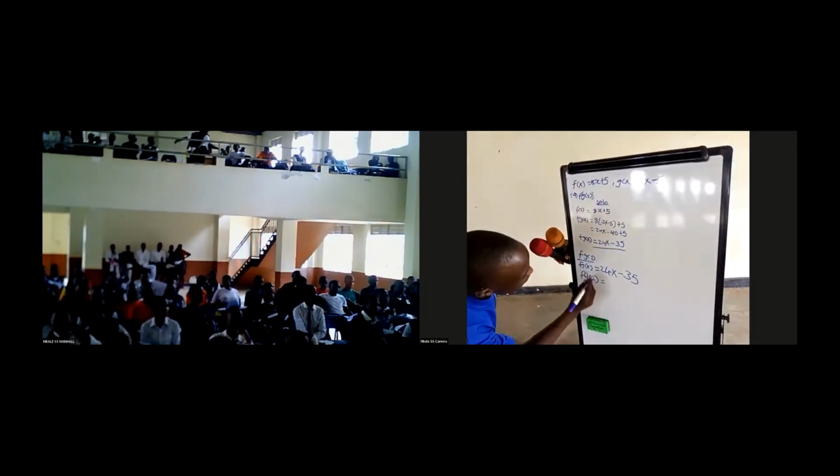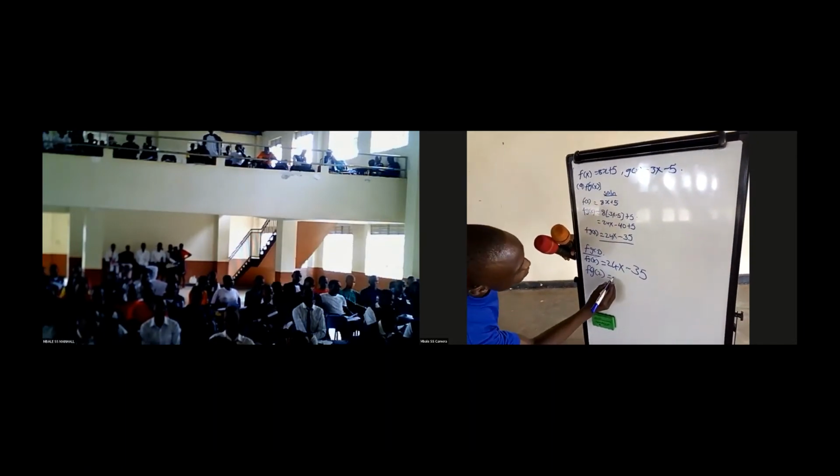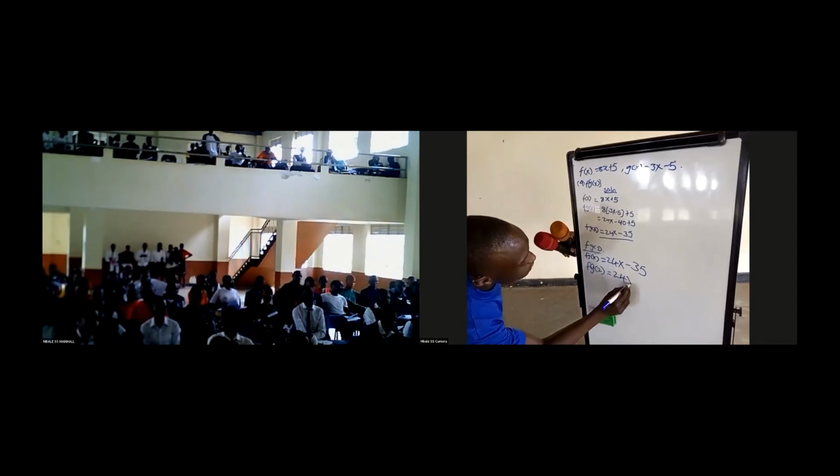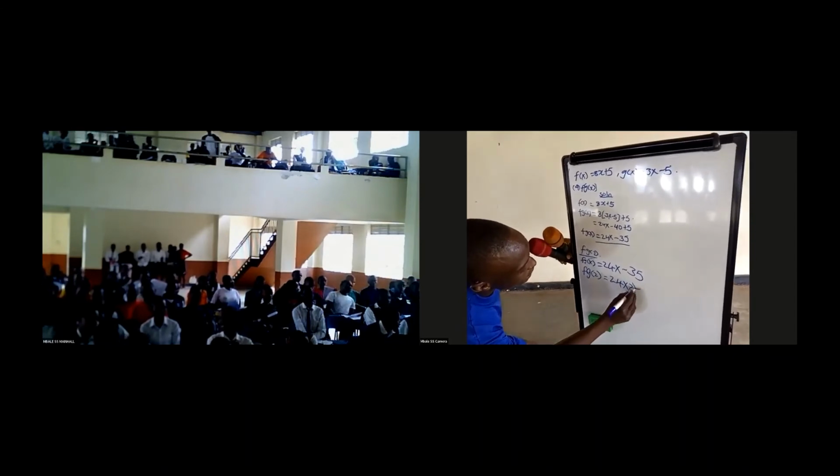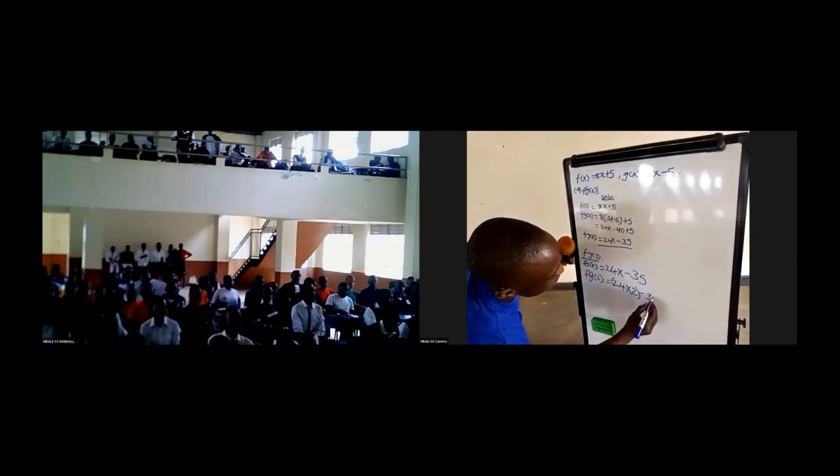It says 24x. Here there is x, so I substitute it with 2, which is going to be 24 times 2, then minus 35. I can put brackets such that I don't get confused.